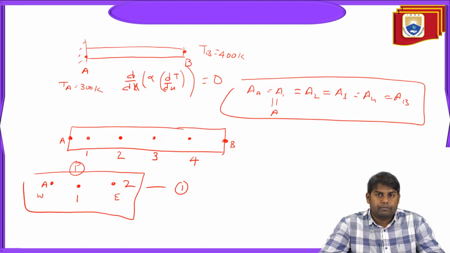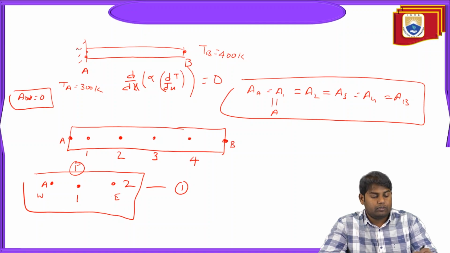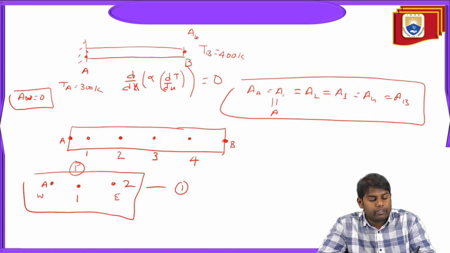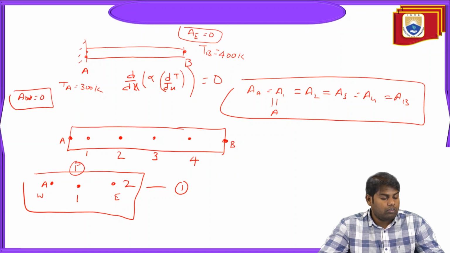The procedure is the same. What is the point of interest P? We have to mark it. If we take A as the point of interest, there is no west node for A, therefore a_W is equal to 0. There are no terms on the west of A. Similarly for B there is no east face, so a_E is equal to 0.